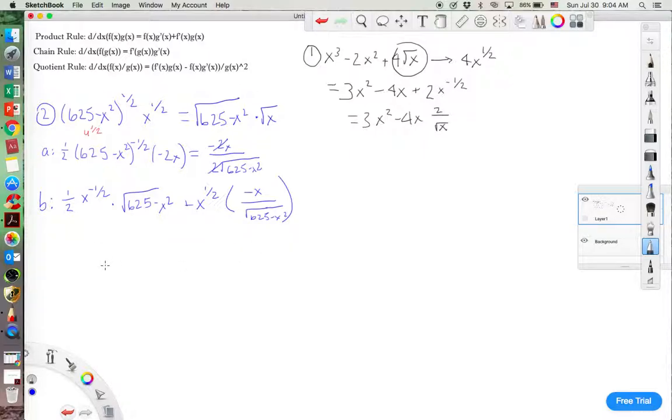And so we can further do the algebra here. This equals square root of 625 minus x squared over 2 root x. Right, so x to the negative 1/2 is 1 over root x. We have 1 over 2 root x, excuse me. We're adding to that. We've got a root x on top here. We're going to multiply that by a negative x.